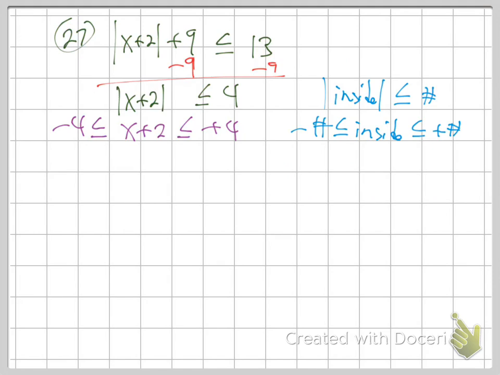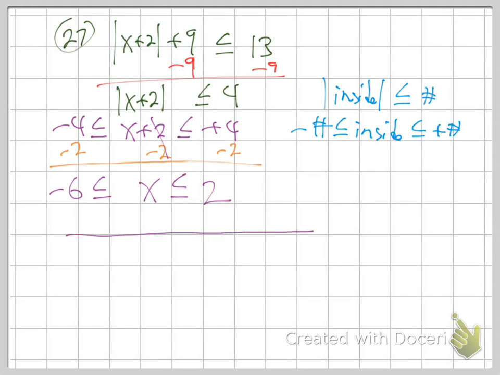That was the most important step. I removed the absolute values. So now I've got to get x alone, so what do I do? Subtract 2. You do all three. When you have a compound inequality, whatever you do to one part, you do to all three. So what do we got then? Minus 6. These cancel. And this is 2. On a number line, that means from negative 6 to positive 2.